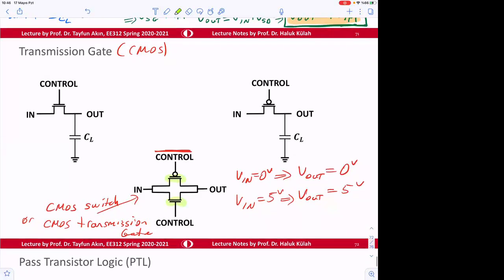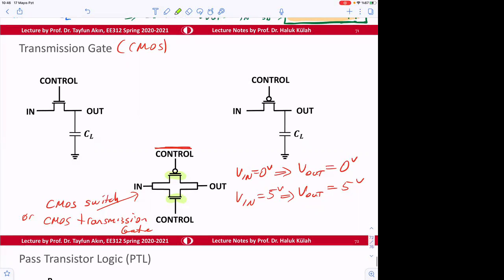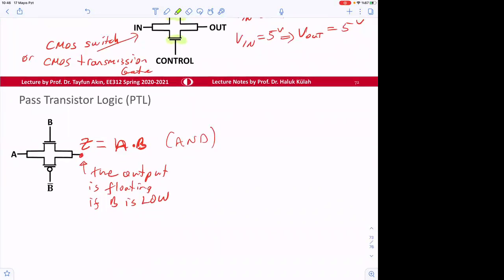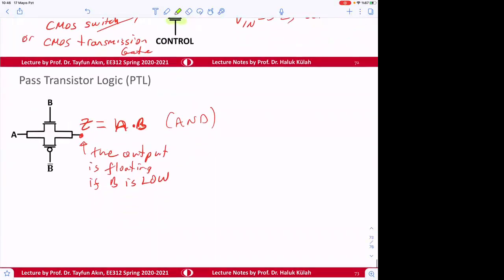But in any case, when the NMOS is used and 5 volt is transmitted as 4 volt, that's not a big deal, maybe. But in typical design, that's what we use as a CMOS.